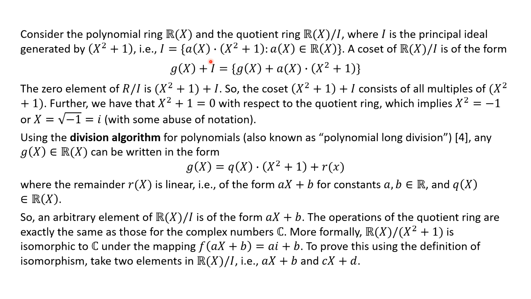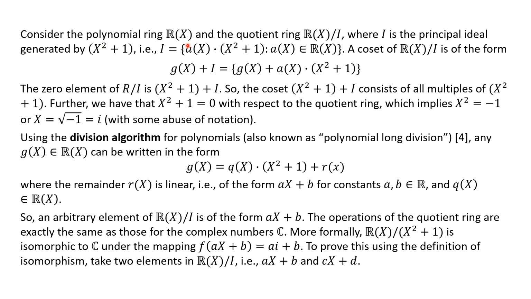On the next few slides, I want to talk about an example concerning a polynomial ring, R[x], where R is the real numbers, and we're talking about polynomials that have coefficients from the real numbers. And the quotient ring, R[x] slash I, where I is the principal ideal generated by the polynomial x squared plus 1.